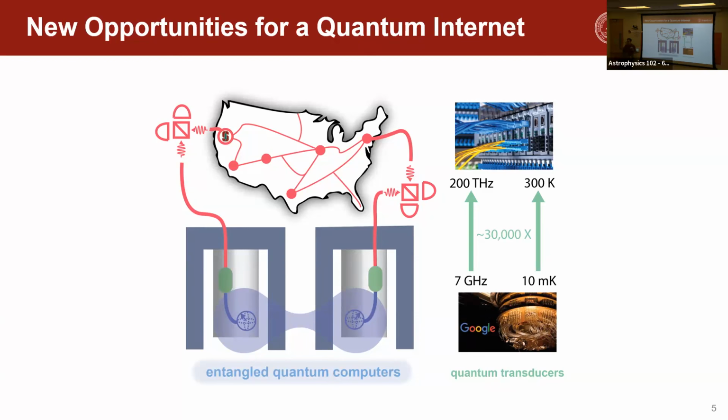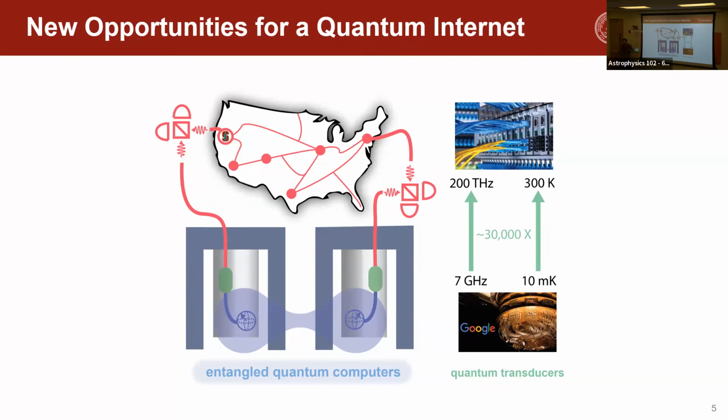Which means that when you're trying to scale up the number of qubits, you'll ultimately reach a limit of the cooling power of your cryostat. So if you start thinking about how we can increase it further, you need to think about how we connect different dilution refrigerators with one another.